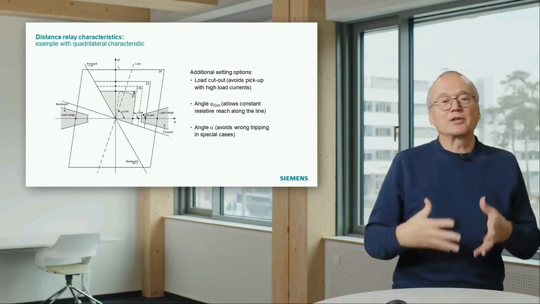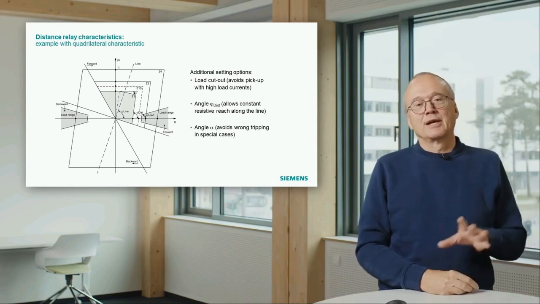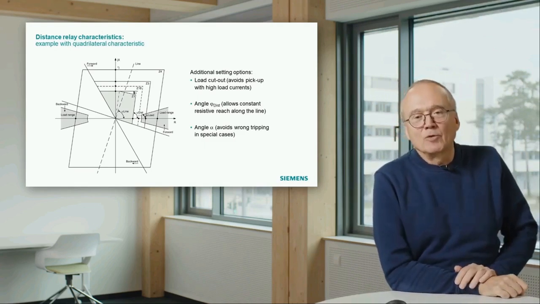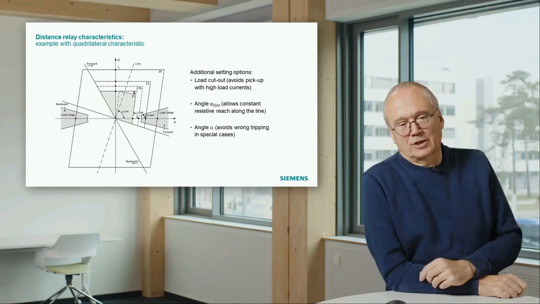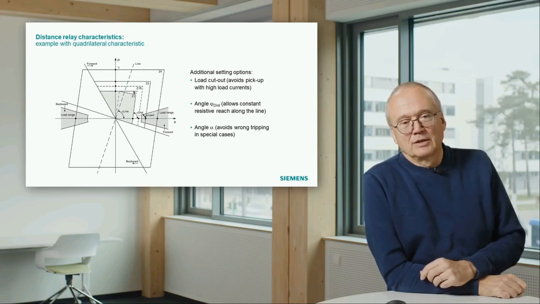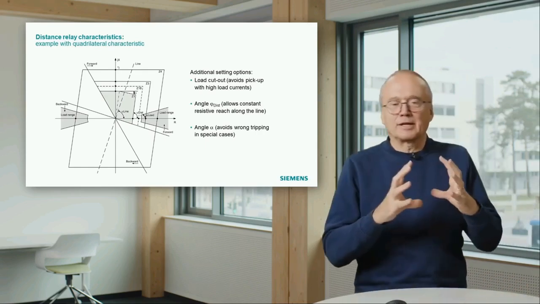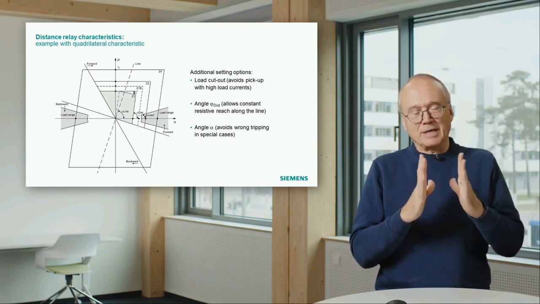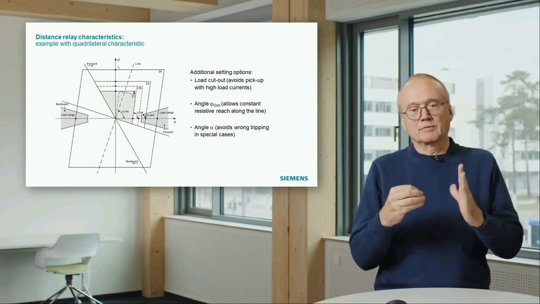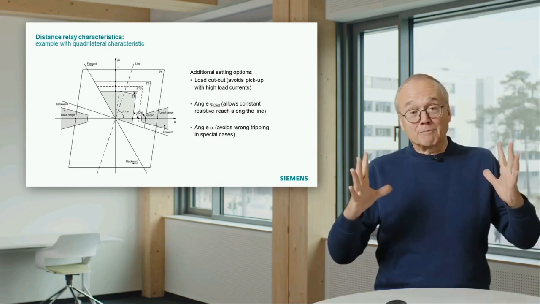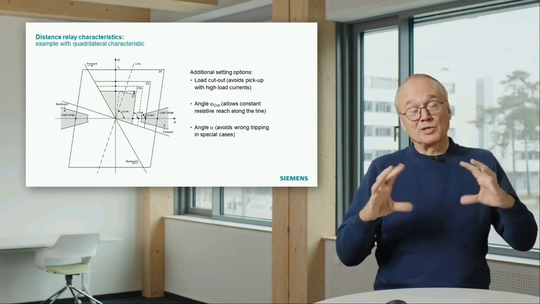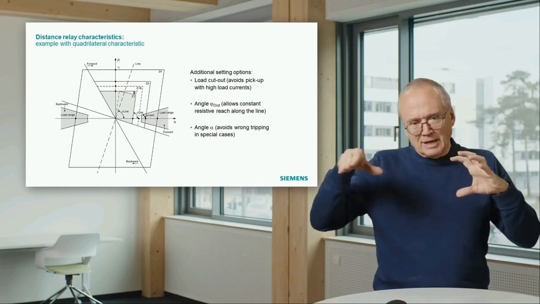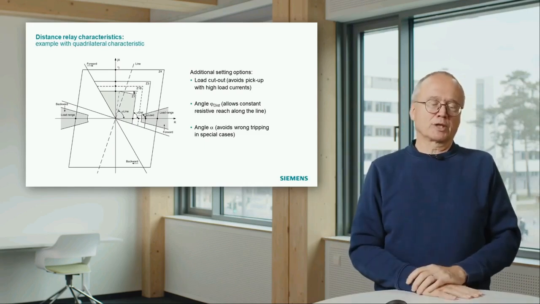But on the other hand, if we have a short circuit, we are somewhere in the upper right corner of the relay, we can still react on that. And that means this conflict between shrinking the pickup zone to avoid load problems and making it big to catch all the faults, that conflict can be solved a little bit by making this load cutout.